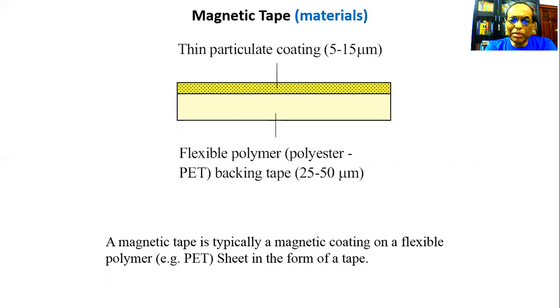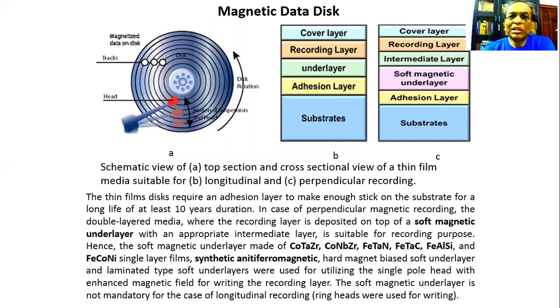A magnetic tape is typically a magnetic coating on a flexible polymer sheet in the form of a tape.